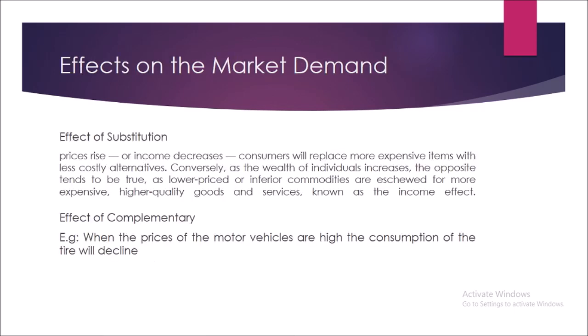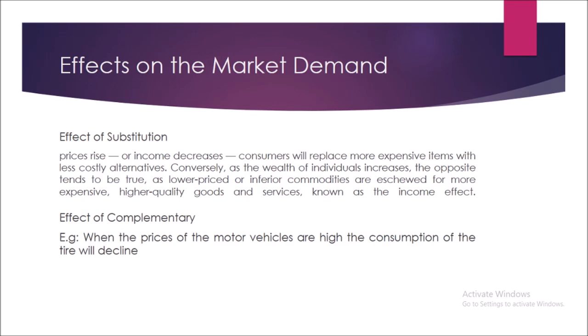Then there are two effects on the market demand. As I told you, the market demand is an external factor which is affecting the pricing. So when it comes to market demand, you can see the effect of substitution as well as the effect of complementary. The effect of substitution means that, let's suppose you are a manufacturer of a particular product, and your product has a substitution, or a similar product.